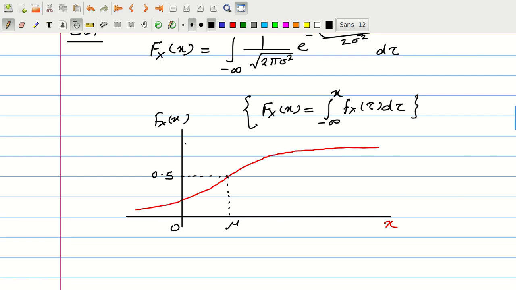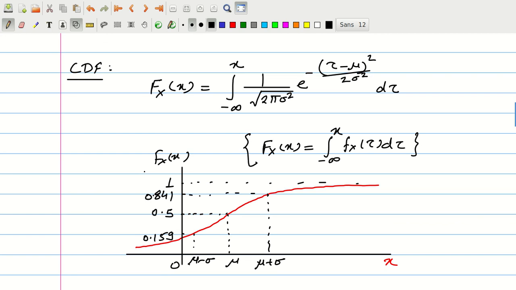When x tends to infinity, it tends to 1, which it should, because the maximum value of the CDF is 1. At mu minus sigma, the value is 0.159, and at mu plus sigma, the value of the CDF is 0.841.